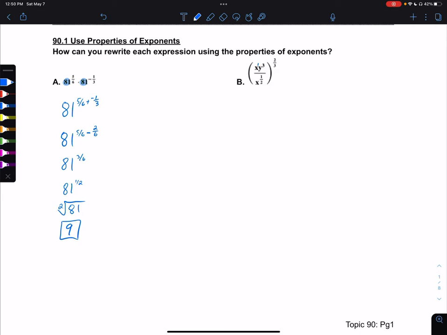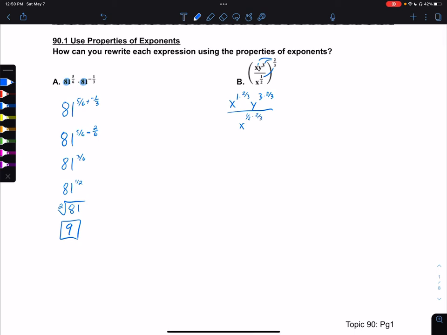So one of the properties that we can look at is if you are raising powers to powers, those powers can be multiplied or distributed in. So what we would have is x to the 1 times 2/3, y to the 3rd times 2/3, and that would all be over x to the 1/2 times 2/3.